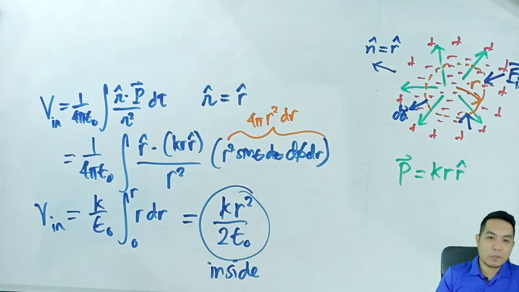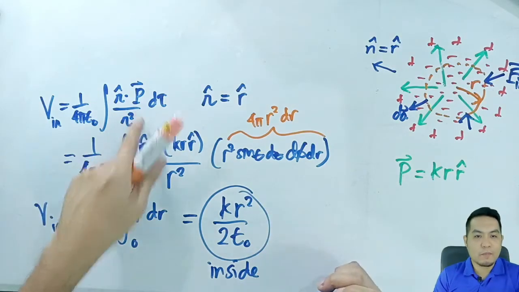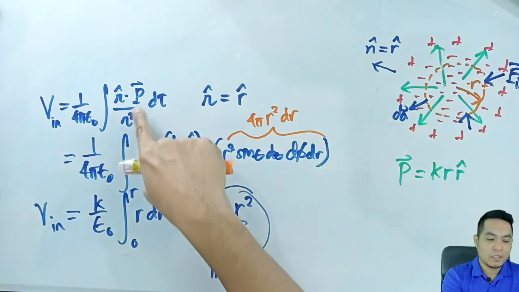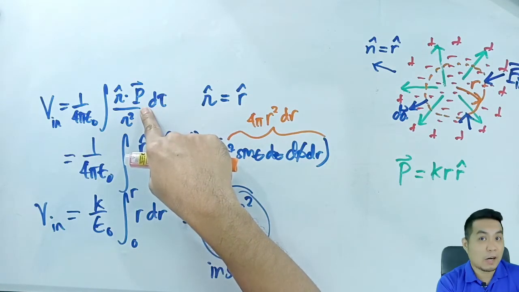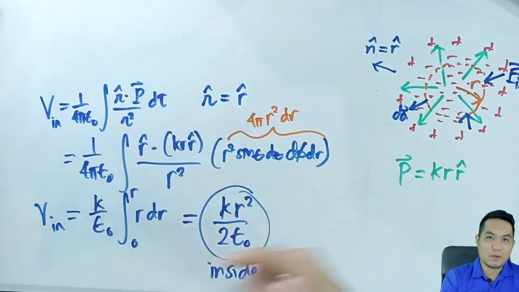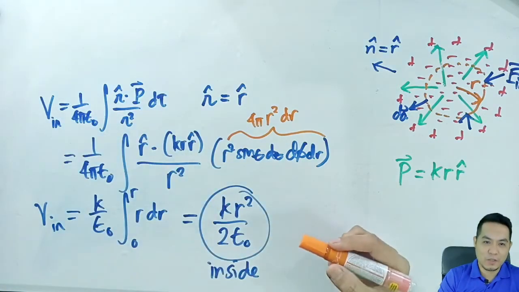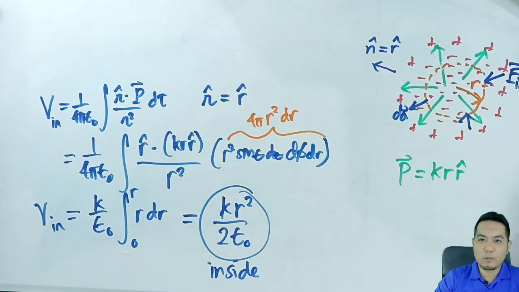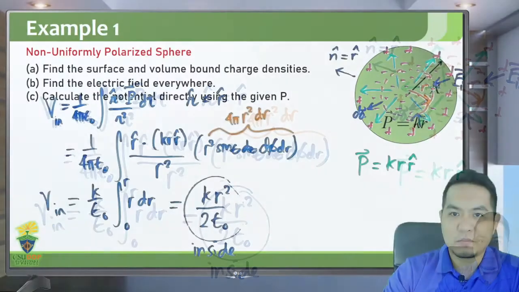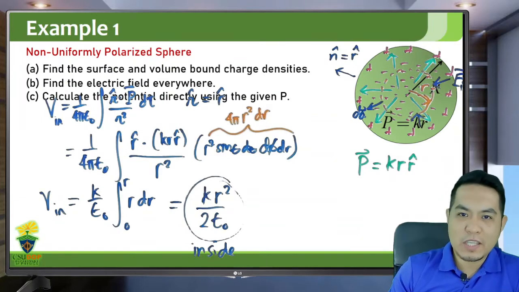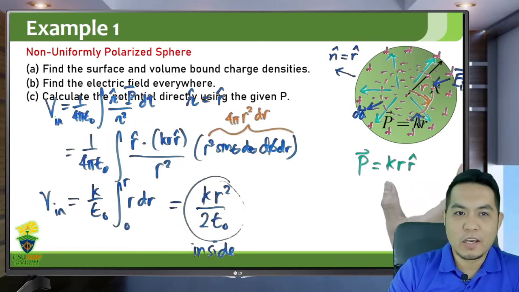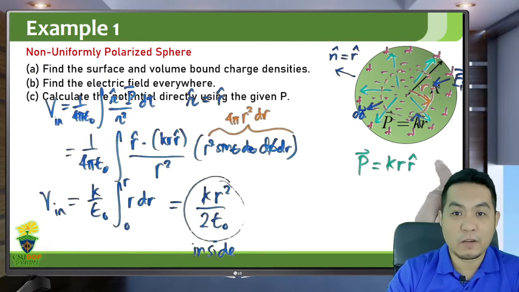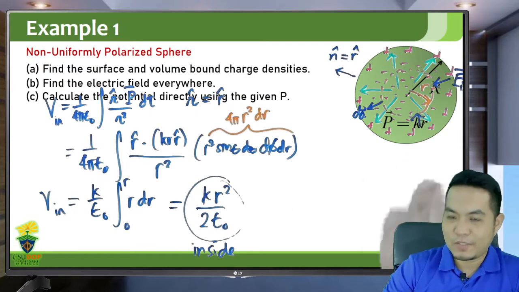So how about the potential outside? If you use the same formula, there is no polarization outside of the sphere, meaning you can't use essentially this equation. So what does that mean? If we go back to our figure, we earlier found out that the electric field outside is actually 0.